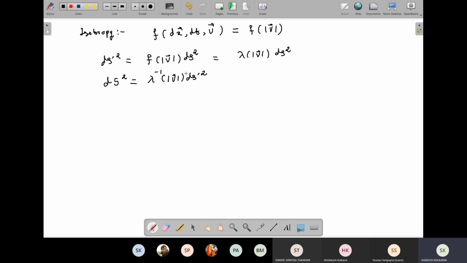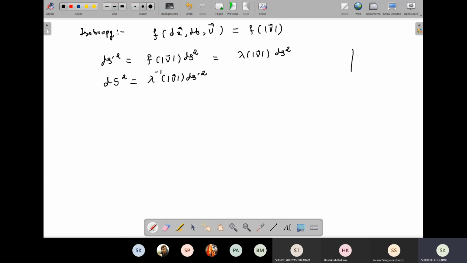We demand that the inverse transformation must exist, because if I do not assume that, then there is something special about the k frame. So this inverse exists means there must exist some function lambda inverse which also depends on the magnitude of the velocity. Is that clear?